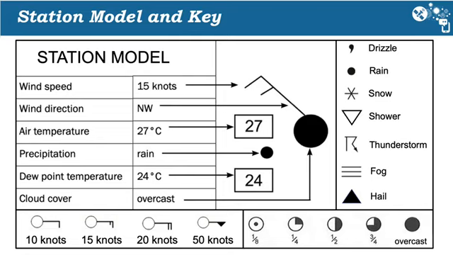And if you look lower down here, you will see that if you have a short little feather and a longer feather, the longer one is 10 knots. The shorter one is 5, so 10 and 5 will give me 15. There are two longer ones, which gives me 20, and that's the symbol. Instead of drawing 5 long ones, that little triangle is what we use for 50 knots.